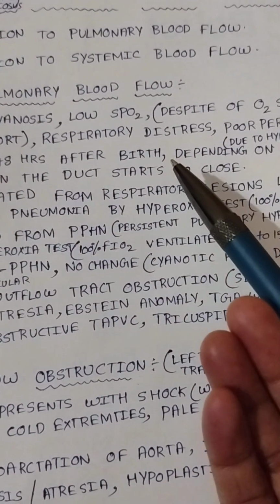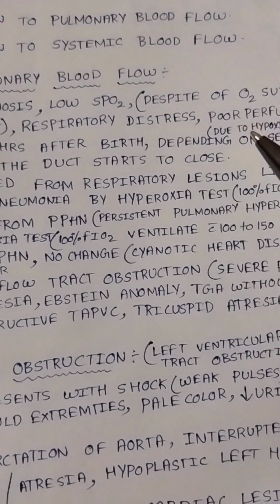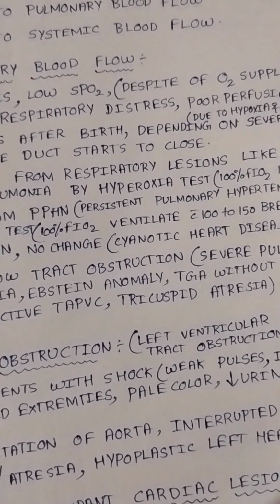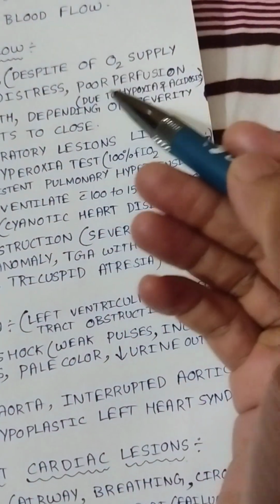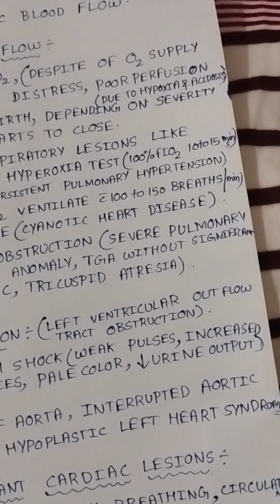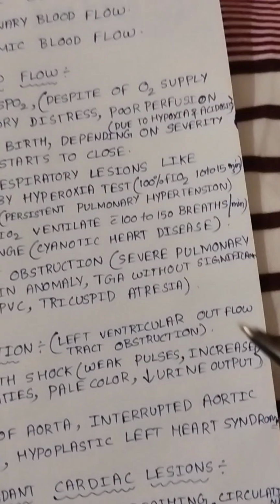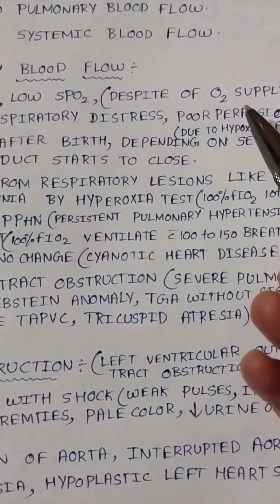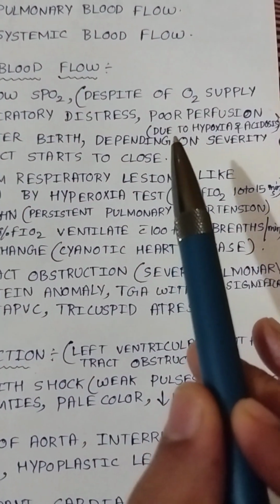And there will be respiratory distress because there is cyanosis and low SpO2, and also poor perfusion, because the oxygenated blood is not supplying the organs, so there will be acidosis due to hypoxia.